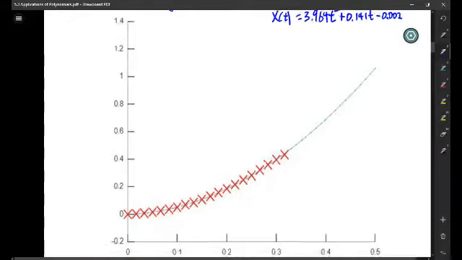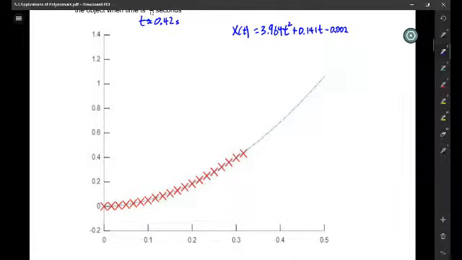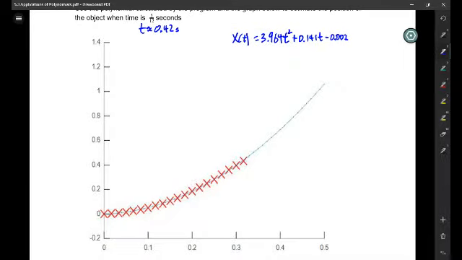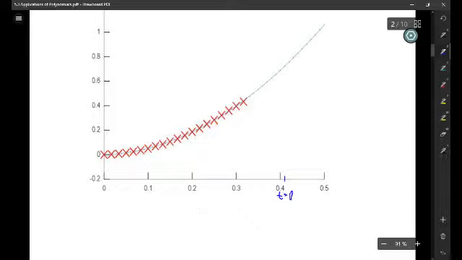Okay, so estimating, here's the graph. T equals 0.42 seconds, or 5/12 of a second, is right about here. If we go straight up from that point, we get to here on the graph.